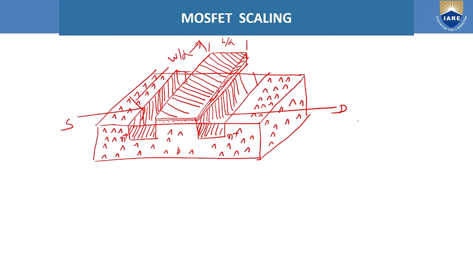The oxide thickness D is scaled by beta. So we are using the parameters alpha and beta. Alpha is for all linear dimensions, and beta is a factor used for scaling down the supply voltages and the thin oxide thickness.